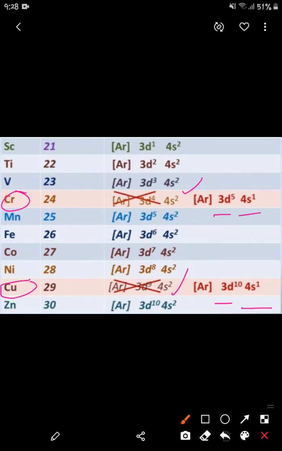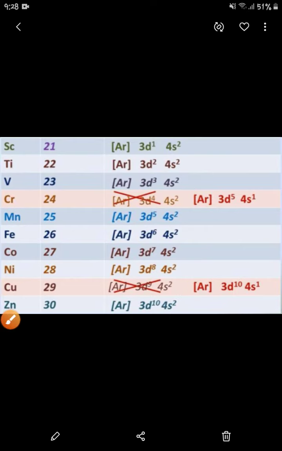This is due to the stability of half-filled and fully filled configurations. So this was the general electronic configuration of the 3d series. You have to learn it very nicely because questions will be based on this configuration.